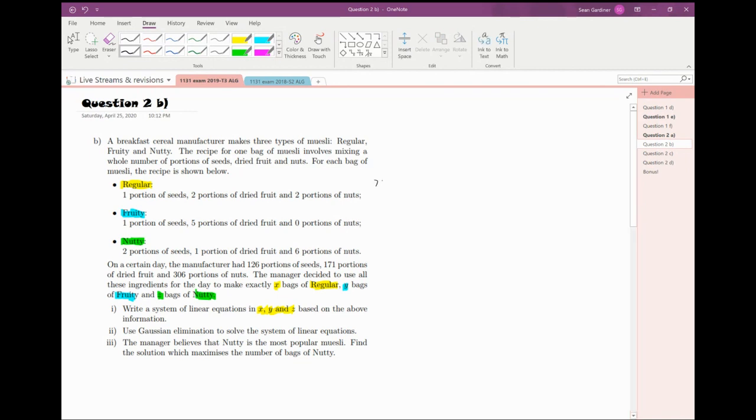So if I have X bags of regular, which I might just call big R for now, then what I really know is that those X bags have X seeds in them, right? According to this recipe here, they have 1 lot of seeds per bag.